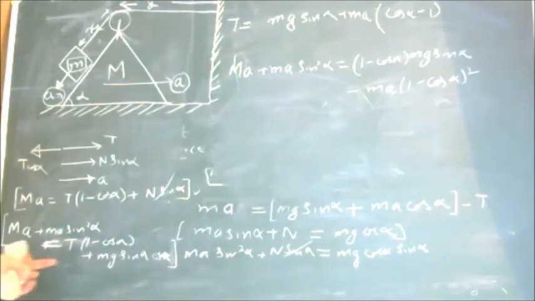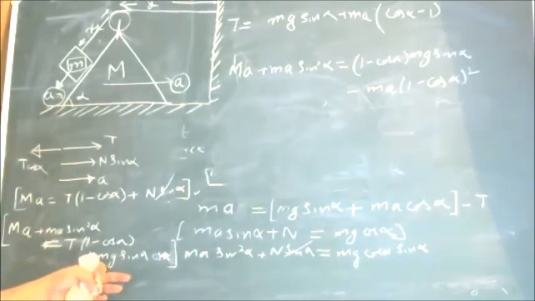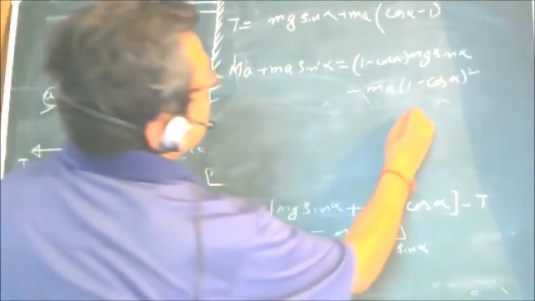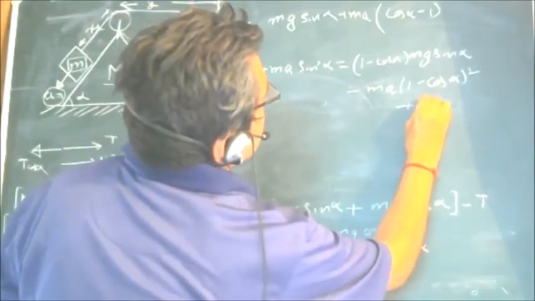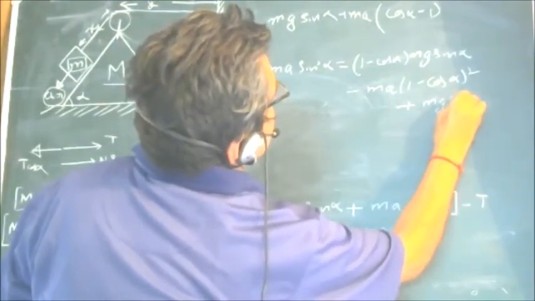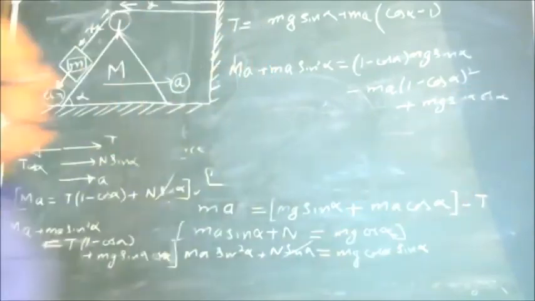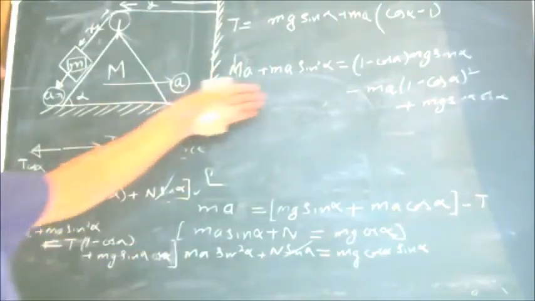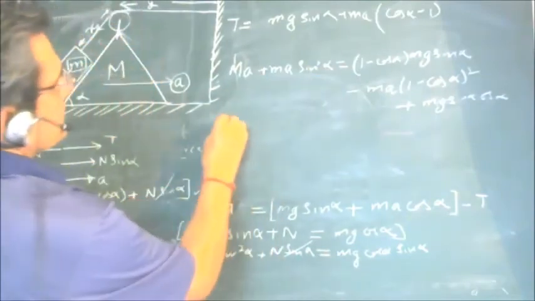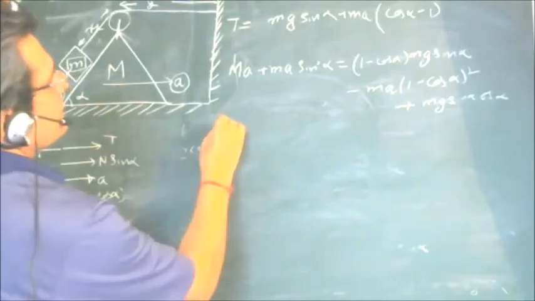In this equation we have put the value, plus mg sine alpha cos alpha plus mg sine alpha cos alpha. Now we will open the bracket and solve it.